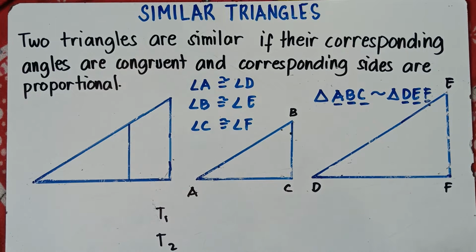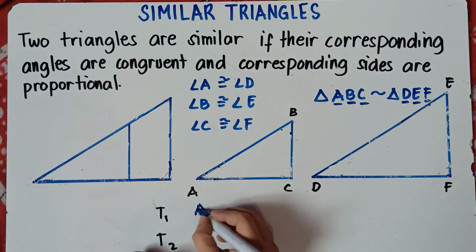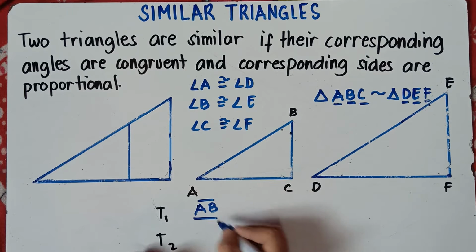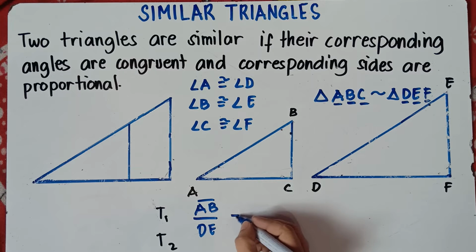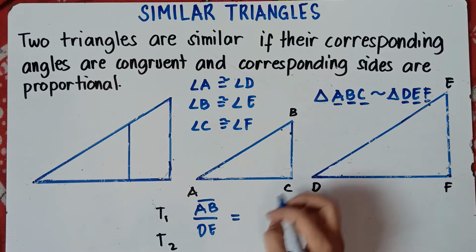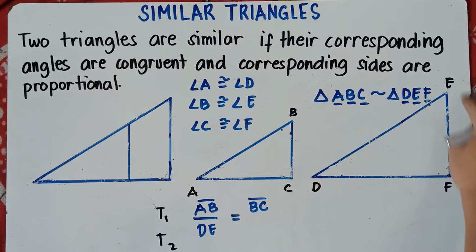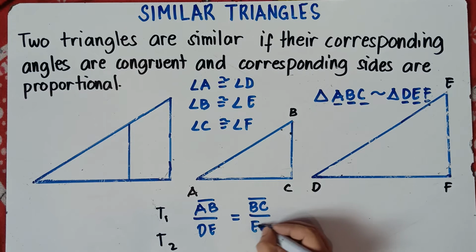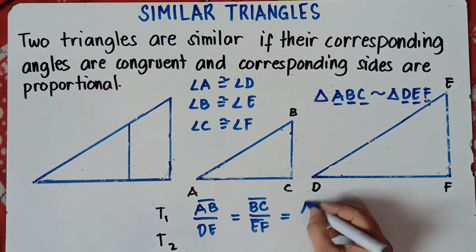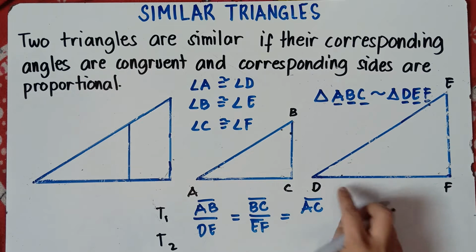We have line segment AB over DE is equal to line segment BC over EF, which is equal to line segment AC over DF.